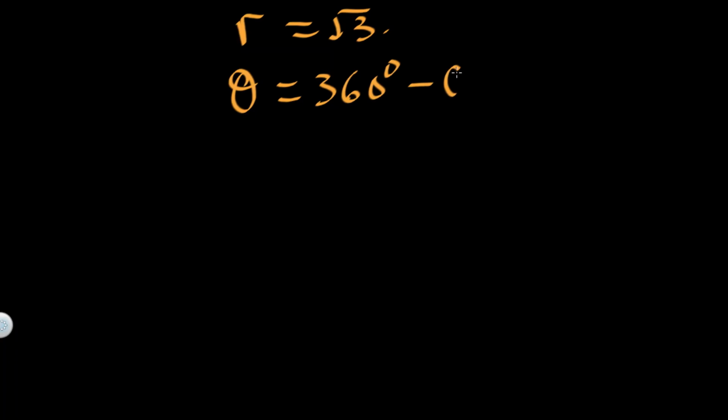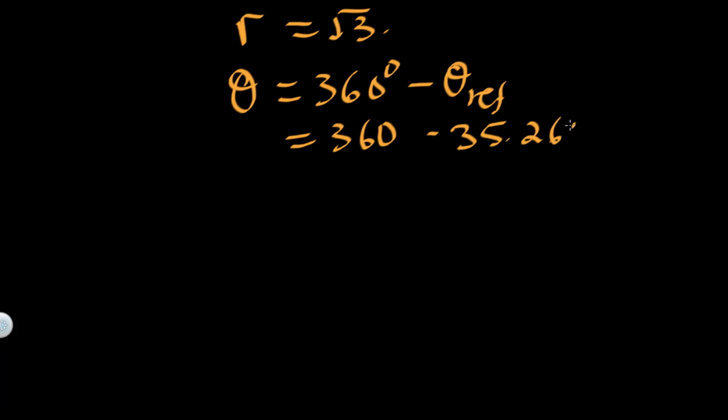We have now r. Our r is equal to root 3. And our theta is 360 degrees minus theta ref, which is 360 degrees minus 35.264 degrees.